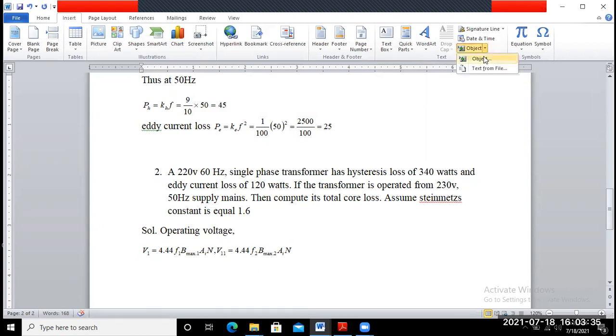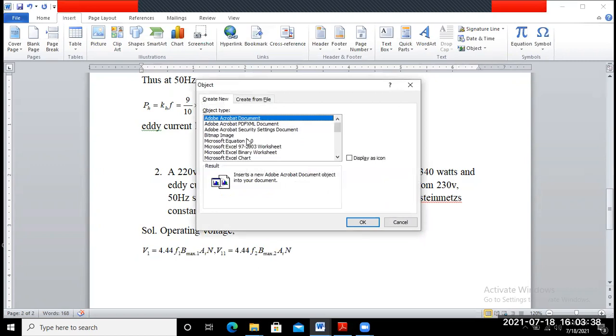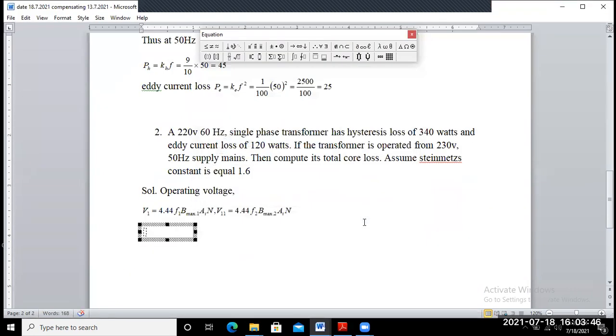On the left side, V1 divided by V11 equals this term divided by this term.